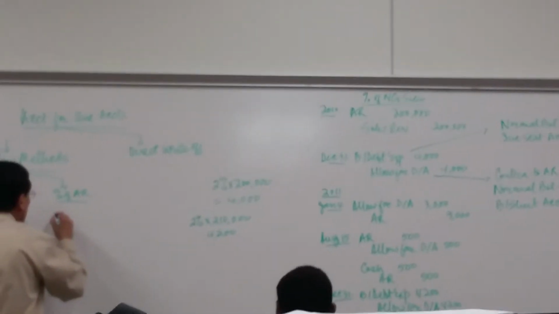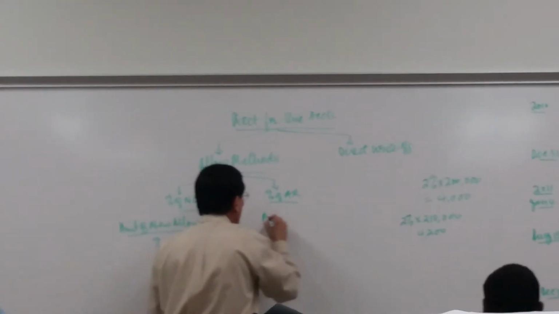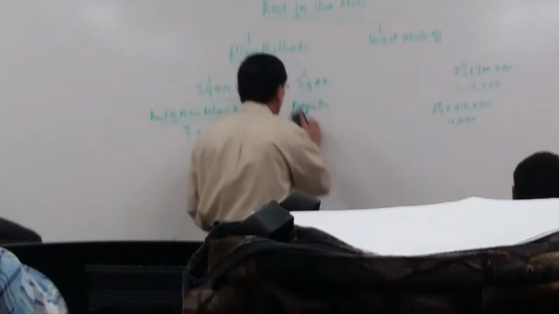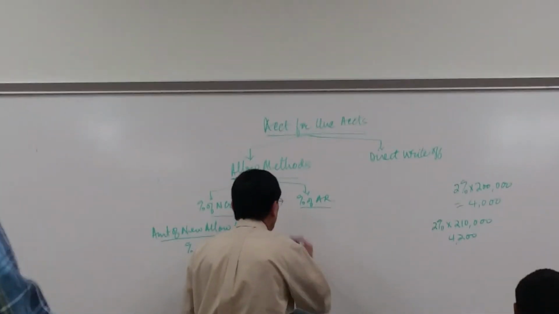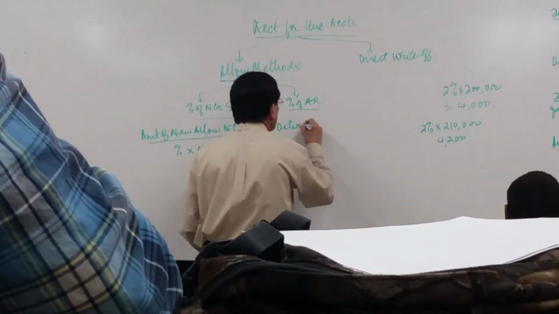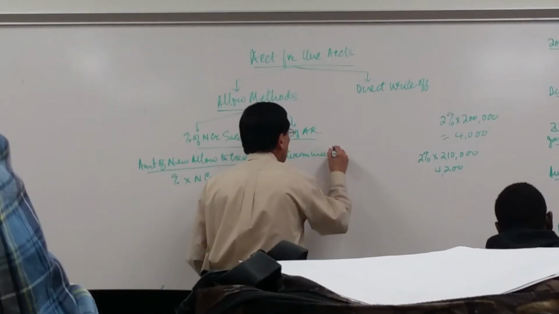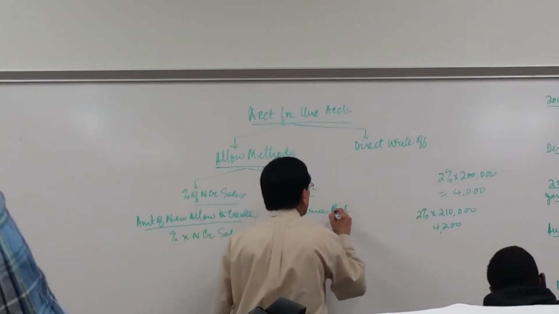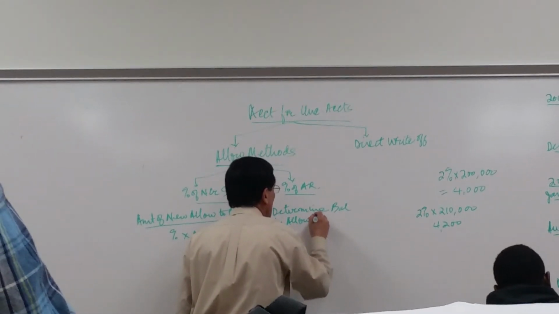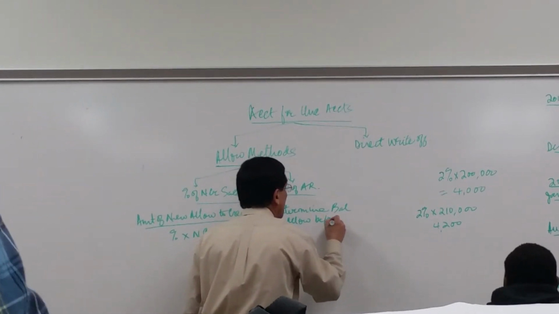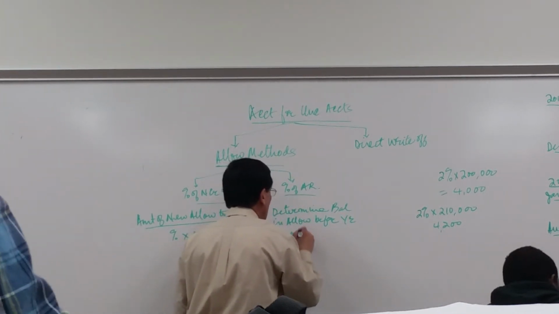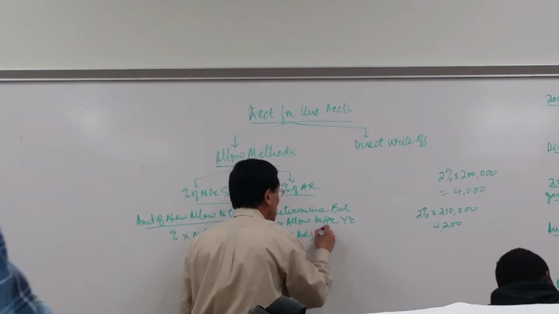So here it is, percentage of AR. You have your beginning balance. You need to determine the balance in allowance before your adjusting entry.